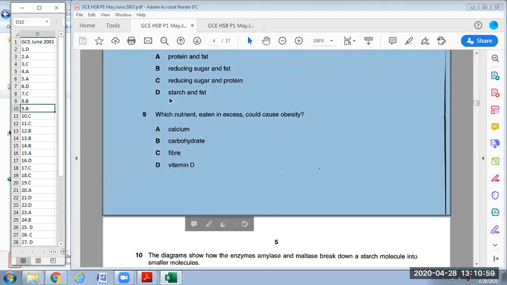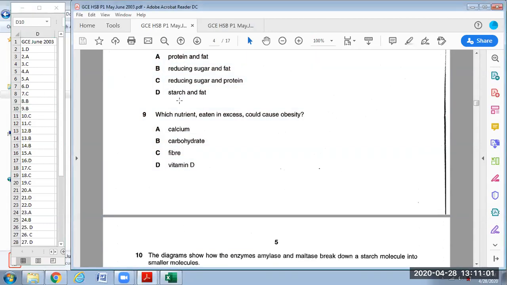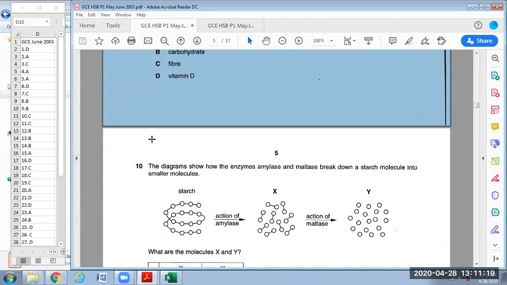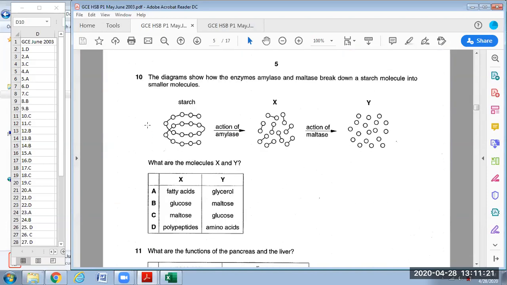Number 9. Which nutrients eaten in excess will cause obesity? B. Carbohydrates. Yes, carbohydrates. So pasta, roti, potato, all of those can contribute to obesity as well as fats. Last one.